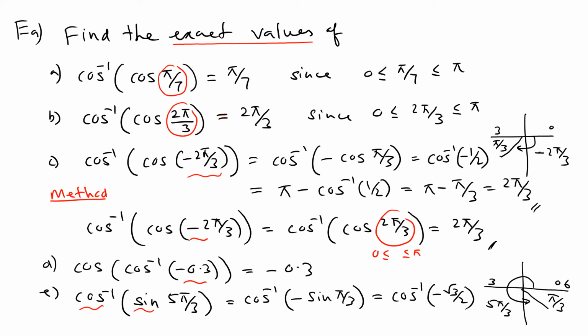We calculated this one in the previous section, so we get 5 pi over 6 as the answer. Okay, and then let's do one last problem of this type. So this is cosine inverse cosine 7 pi over 3.